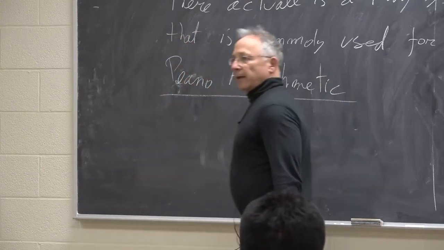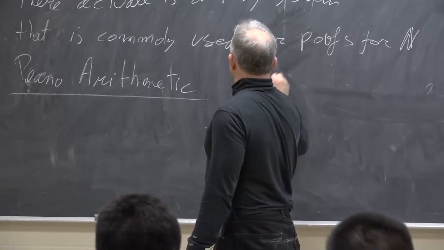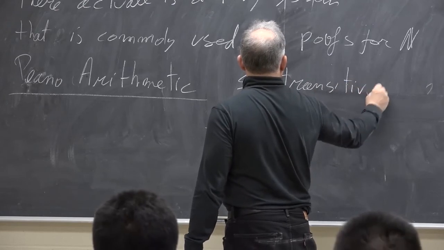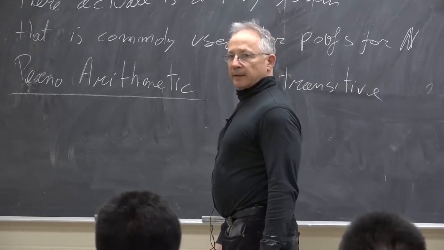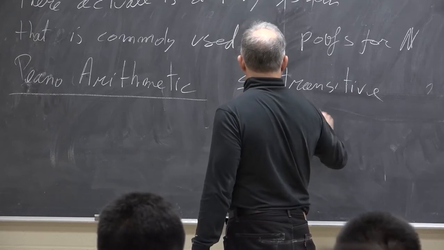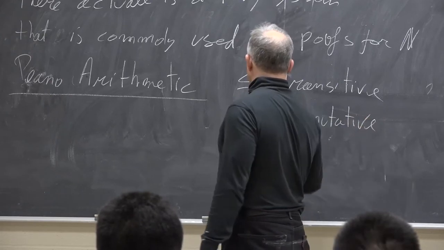And Peano arithmetic has axioms like saying this is transitive: if x is less than y and y is less than z, then x is less than z. And it says plus is commutative. And times is commutative.